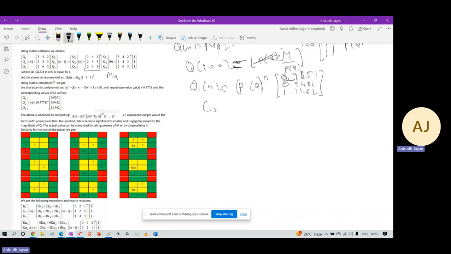This we can obtain by computing, by assuming that it is approximately.